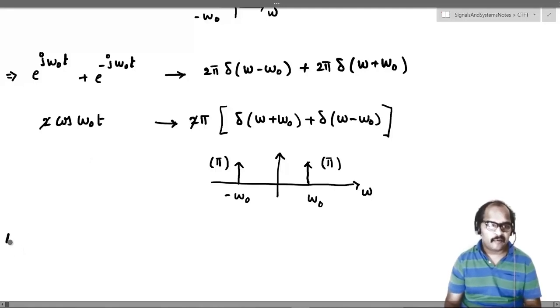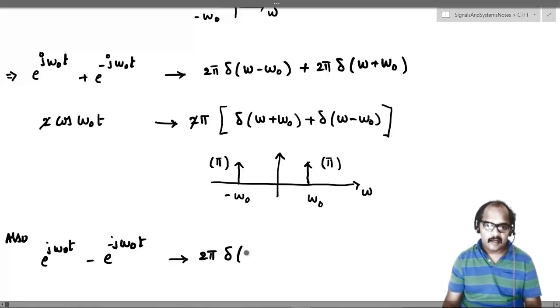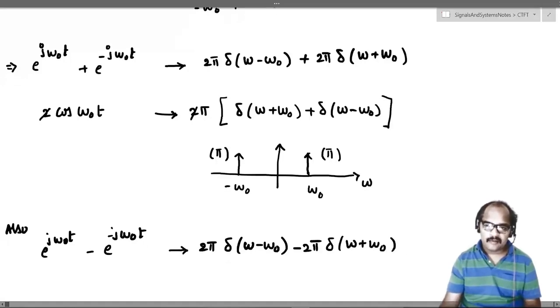Now let us subtract. What happens if we subtract? We get e power j omega naught t minus e power minus j omega naught t. This will have 2 pi times delta of omega minus omega naught, minus 2 pi times delta of omega plus omega naught as the Fourier transform.